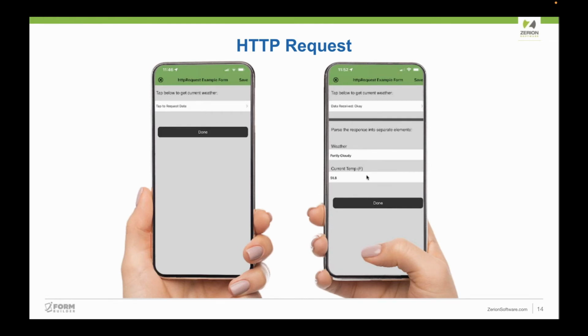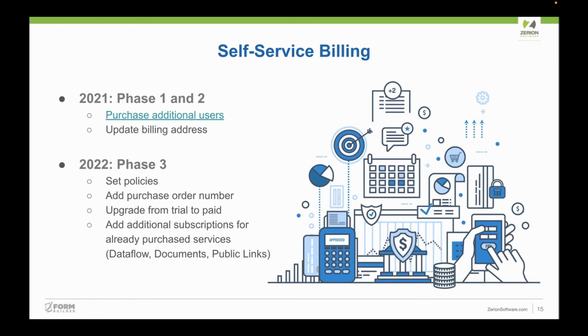Another thing that we introduced in 2021 is self-service billing. Right now, if you're on app.iFormBuilder, customer or company admins have the ability to add users or update the billing address.